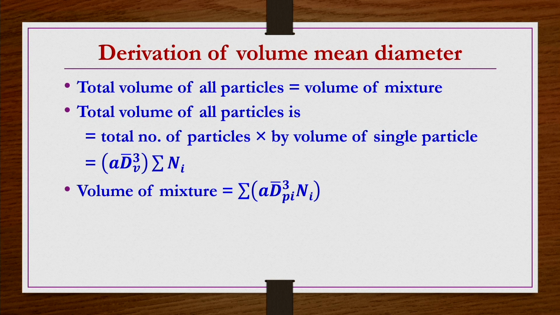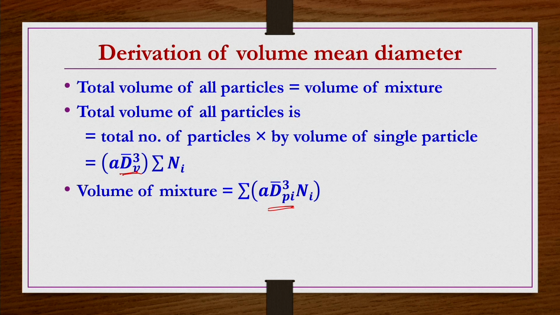So, this is for each individual increment, where you know the dPi bar. For each increment you know the number of particles Ni, you multiply them, and then you do the summation over all the increments. dPi bar is the average diameter for that screen increment, whereas dV bar is the volume mean diameter for the entire sample.